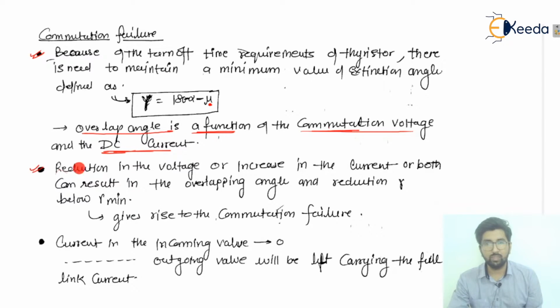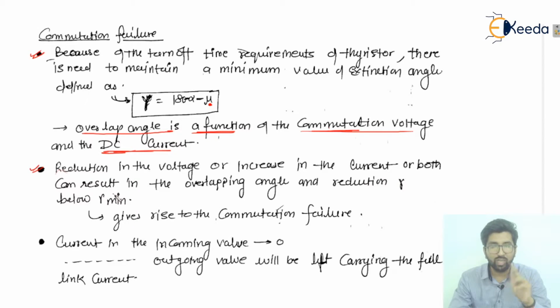Please read this: reduction in the voltage or increase in the current. The value of the voltage will decrease and there will be an increment in the current, or it may be both conditions, a decrement in the voltage and an increment in the current. This can result in the overlapping angle and reduction of gamma below gamma minimum.